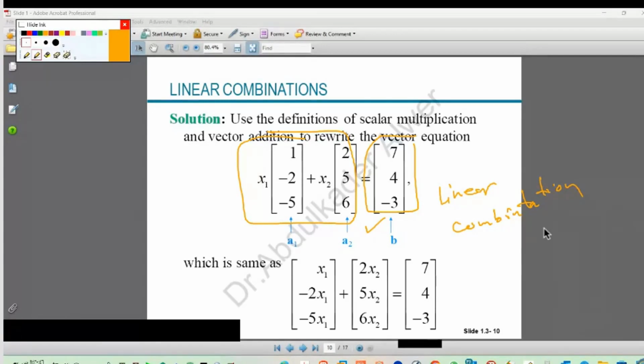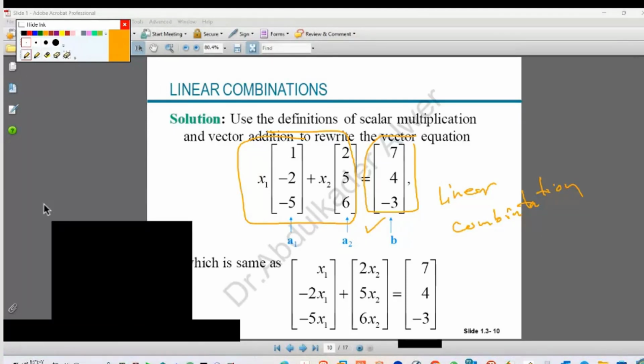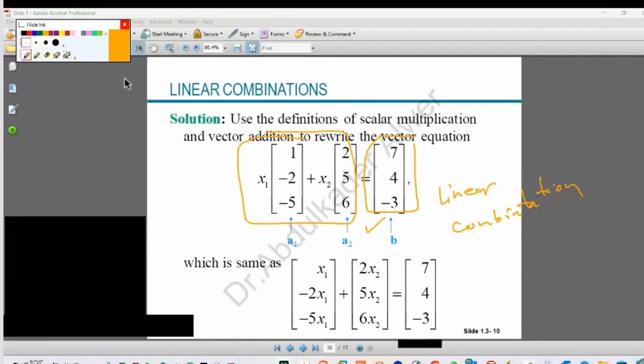So first of all, you have to solve. How can I solve the augmented matrix? I informed you before. Then find the x values, then put them in the formula. If left equals right, we can say it's a linear combination. Is it clear or should I repeat? Yeah, I am with you.